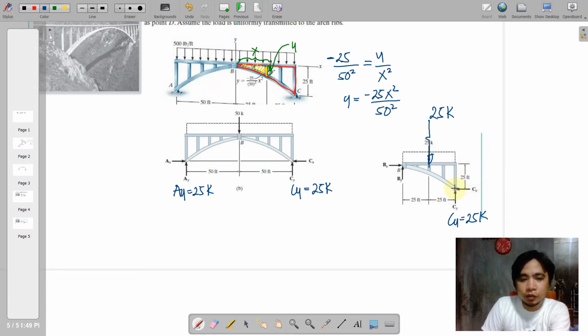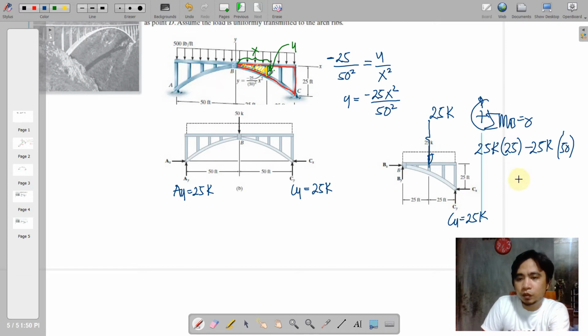So in order to determine CX here, we now take moments at B. So we have first 25k times 25, then the CY, negative rotation, 25k times 50, and then plus CX, a clockwise moment, times 25 is equal to 0. So we can now solve CX to be equal to 25k.